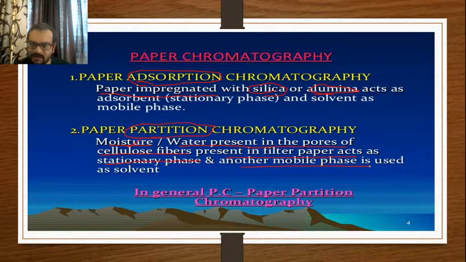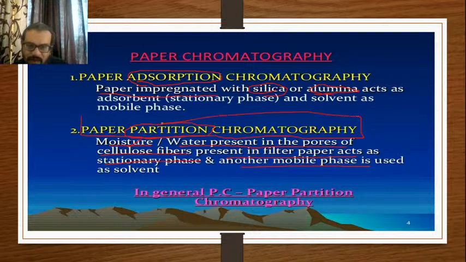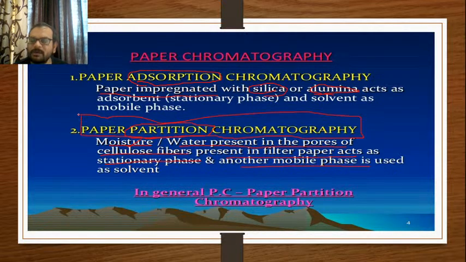In general, PC means paper chromatography, that means paper partition chromatography. Remember, when we say paper chromatography, in general it is always paper partition chromatography because of its easy availability, easy acceptability, and easy employability to different organic and inorganic compounds.